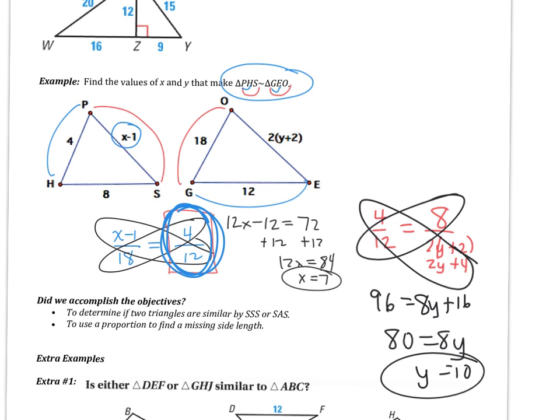If I plug my 7 in for my x, I get 7 minus 1, which makes this 6 over 18. Is 6/18 1 to 3? If I plug my y value of 10 in, I've got a 24 over here. Is 8 over 24 1 to 3? Sure is. So it works.